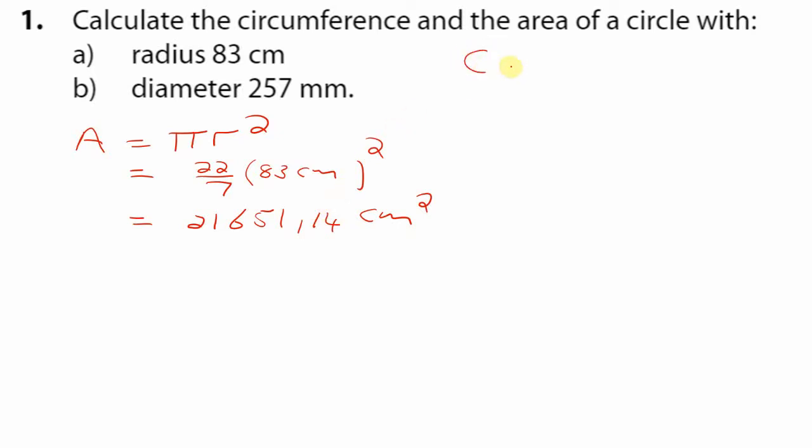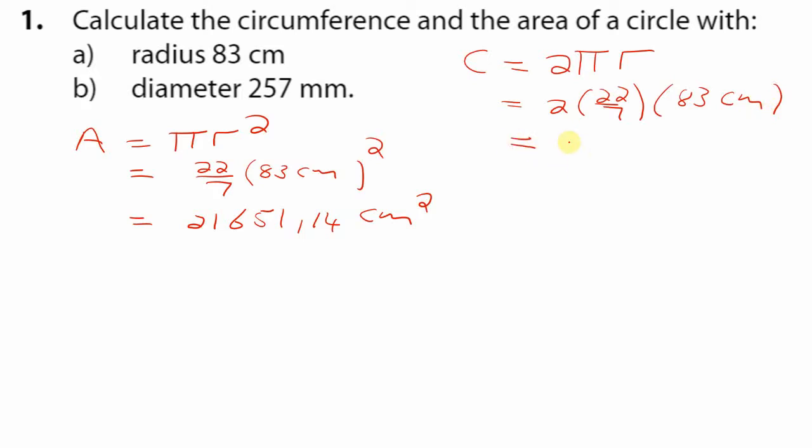Let's go and calculate the circumference. We said the easy way to remember is just take the square and move it to the front in terms of the area. So it's 2 pi radius. So we have now 2, and pi is now 22/7, and radius is still 83 centimeter.